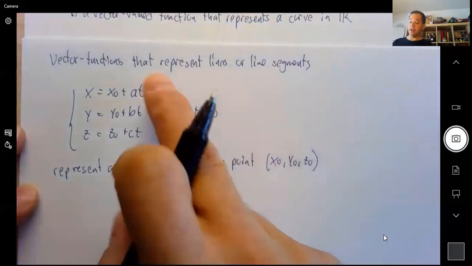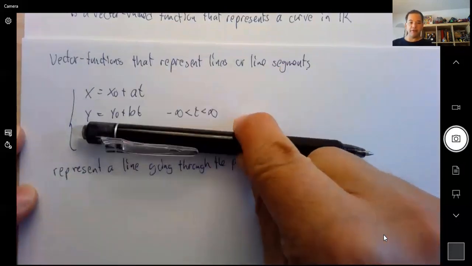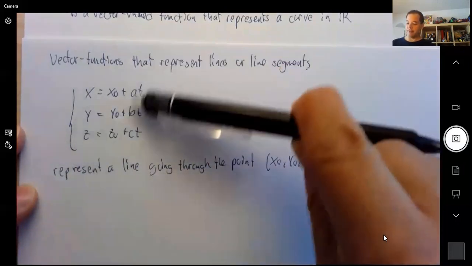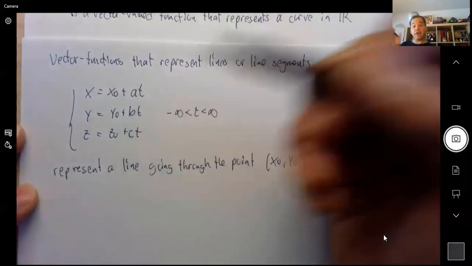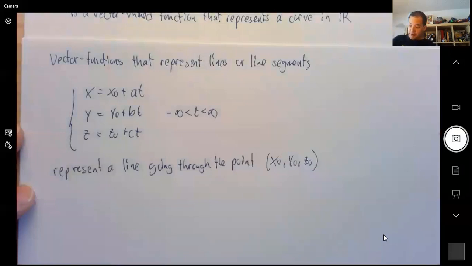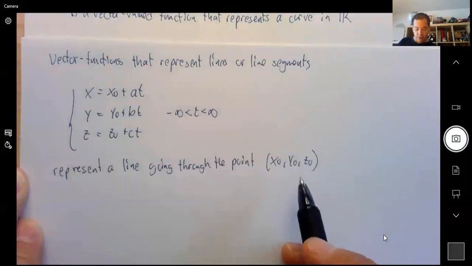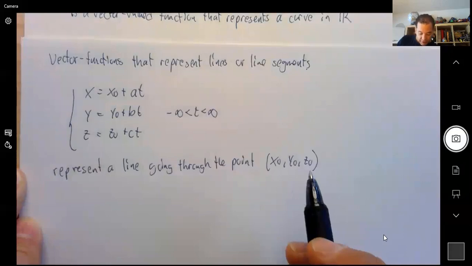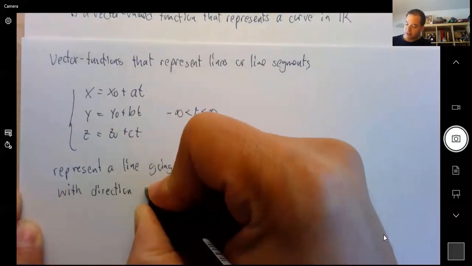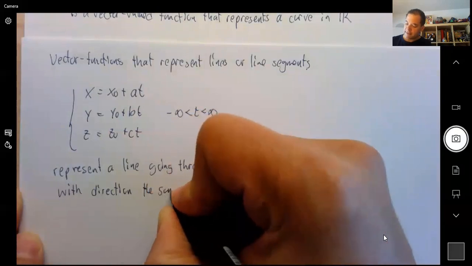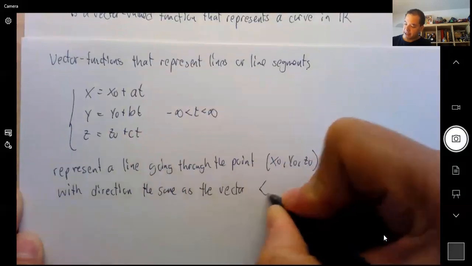Maybe we only did it in 2-space, I don't exactly remember. Where b over a was the slope. Well, if we now add a, b, and c, what we get is the direction of a line, right? So this represents a line through the point x0, y0, z0 with direction the same as the vector a, b, c.